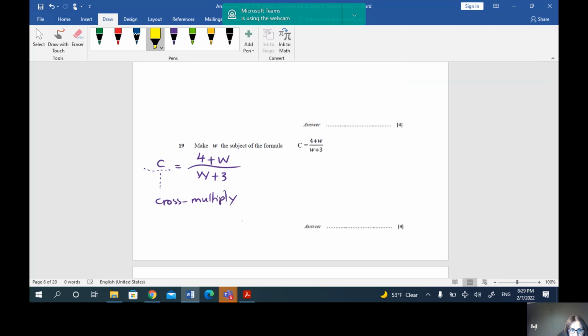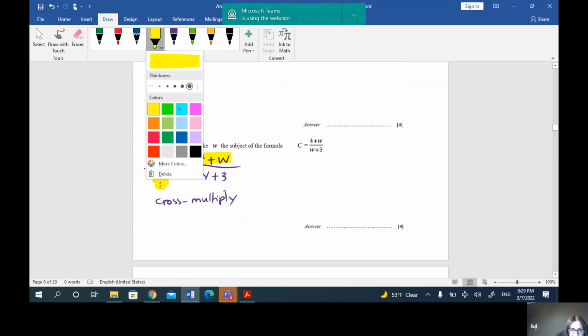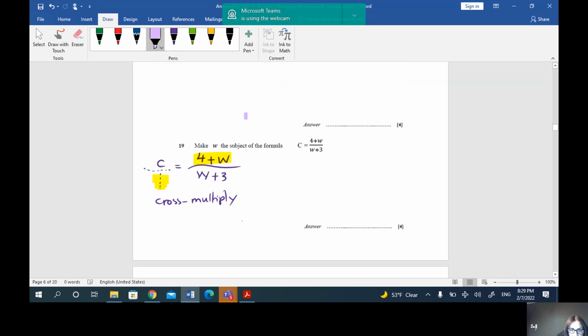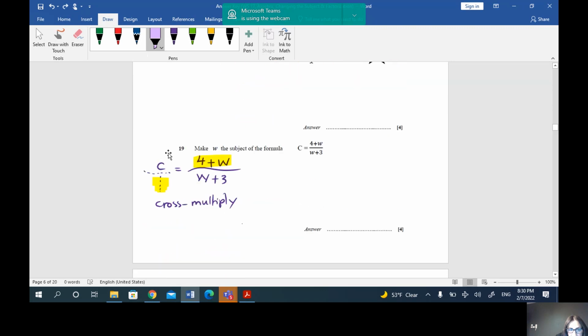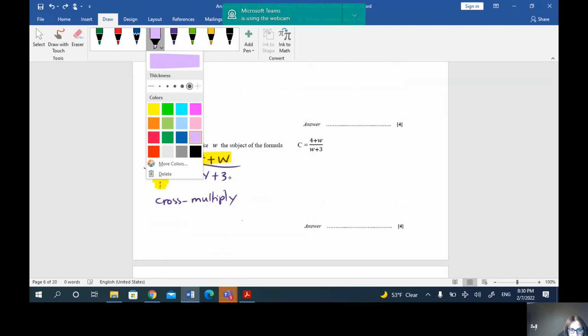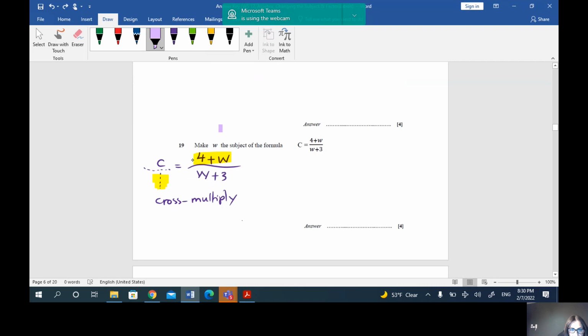So when we cross multiply, we're going to multiply the fraction on the left by the numerator on the right, and the numerator on the left times the denominator on the right.